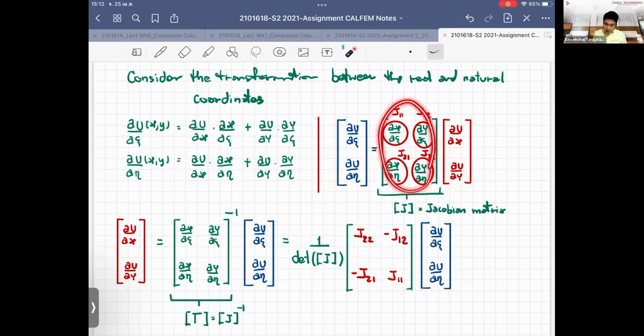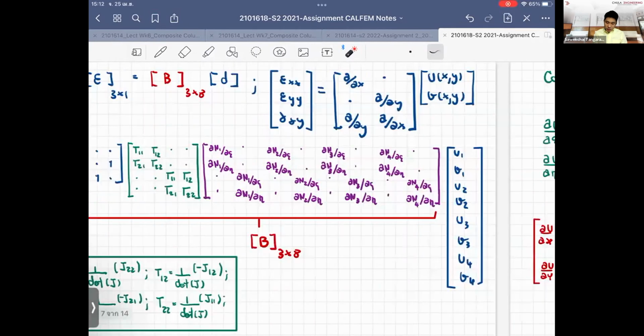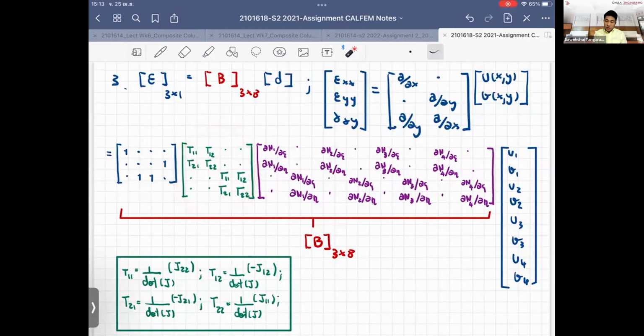And we take the inverse, and this is what we call the Jacobian matrix. We take the inverse of the Jacobian matrix, and you can get the transformation from the real coordinates to the natural coordinates.